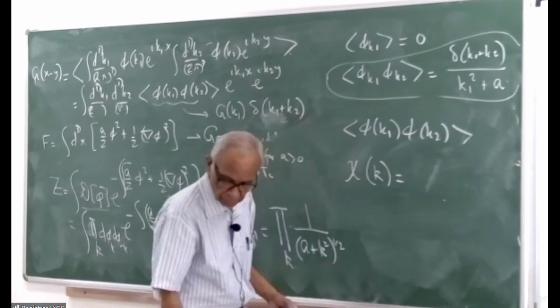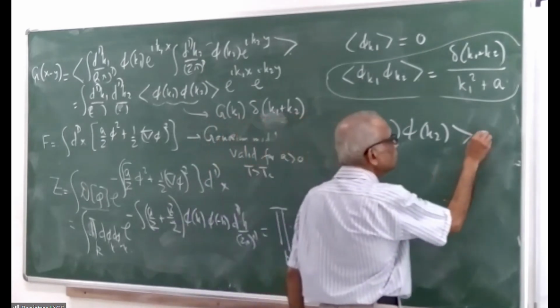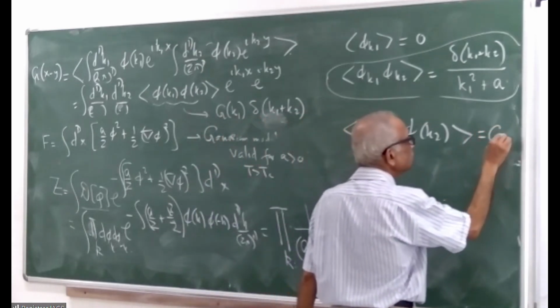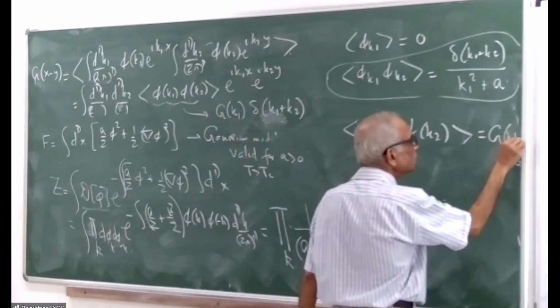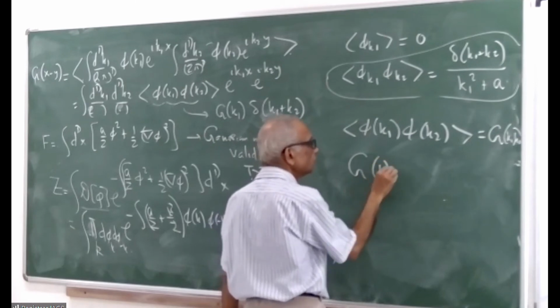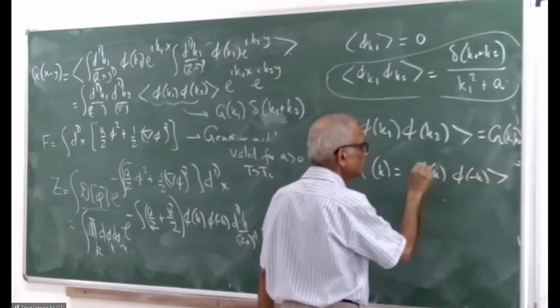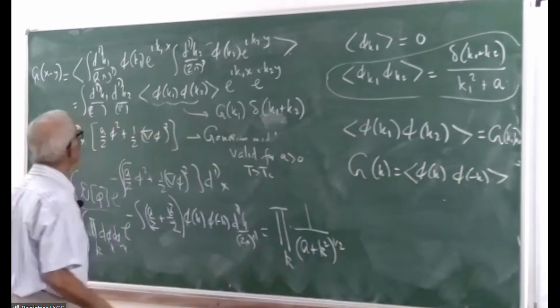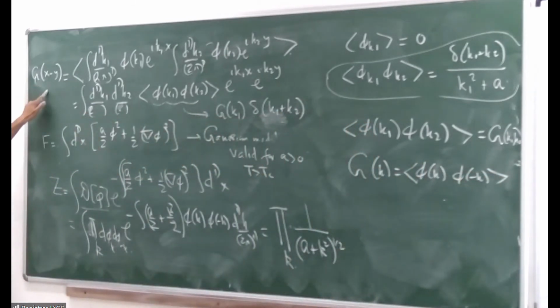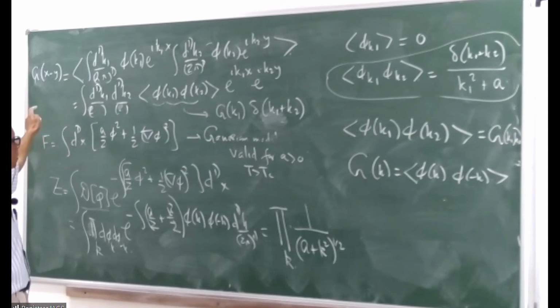This is chi, and this is g of k1 k2, which is essentially g of k, phi k phi minus k, and that's my g of x y.